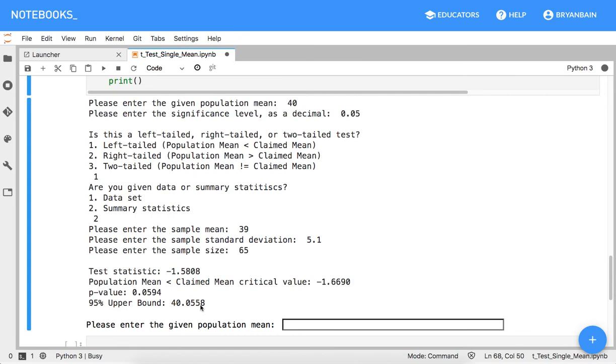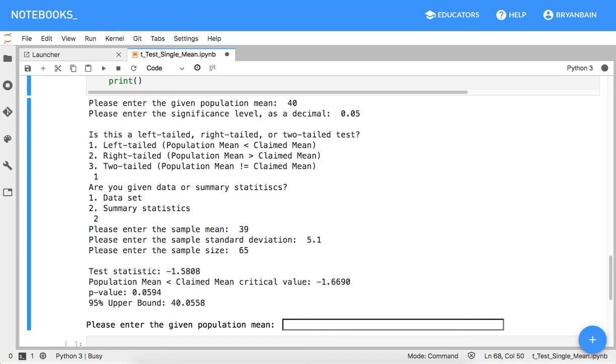So this is a one-sided confidence interval. So here I'm listing it as an upper bound. You could, if you want, do a confidence interval, a T confidence interval, not a Z confidence interval, but a T confidence interval of 90%, and your upper number for that should be 40.0558.